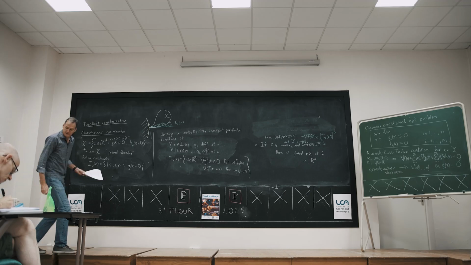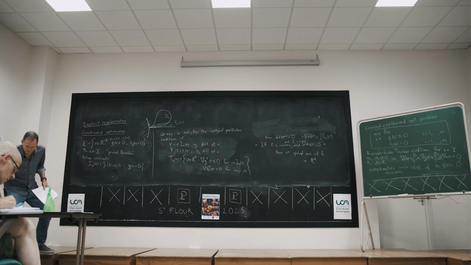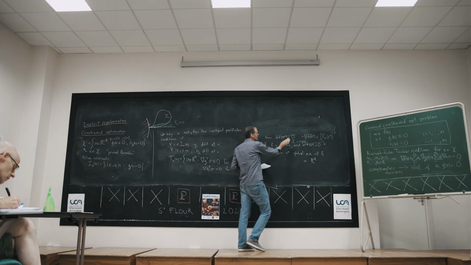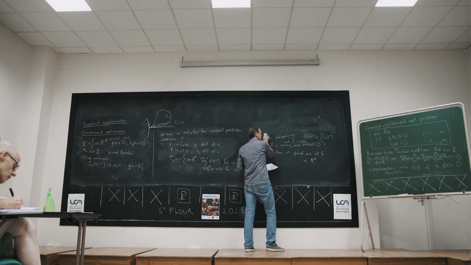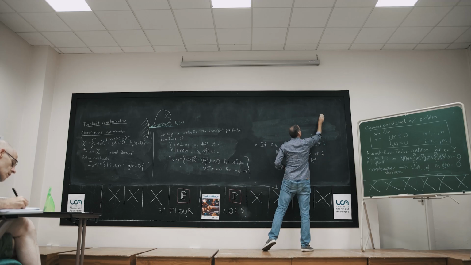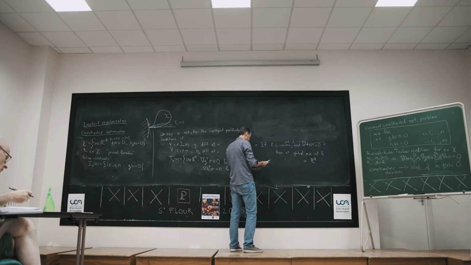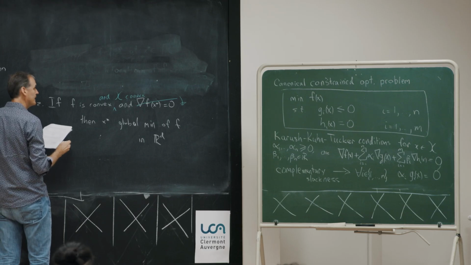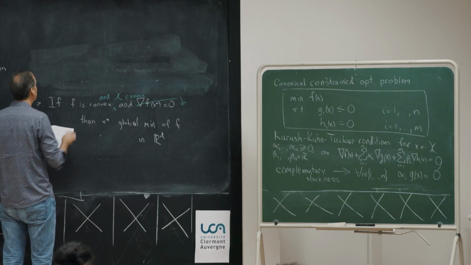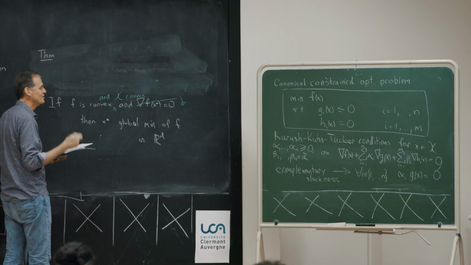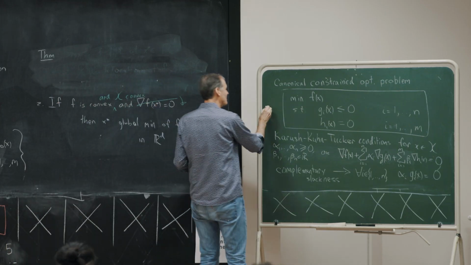So I'm going to write something like this theorem again, but replacing the containment in the polar of the tangent cone explicitly in terms of those conditions. So we have for this canonical constrained optimization problem, let's call it CCO.